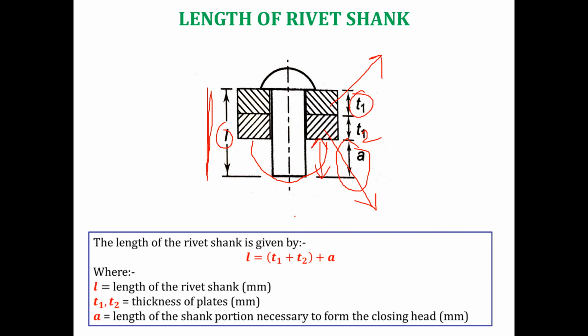From the diagram, the overall length of the shank will be L equals T1, the thickness of the first plate, plus T2, the thickness of the second plate, plus the leftover shank portion A. So L is equal to T1 plus T2 plus A, and T1, T2 and A are all in mm.